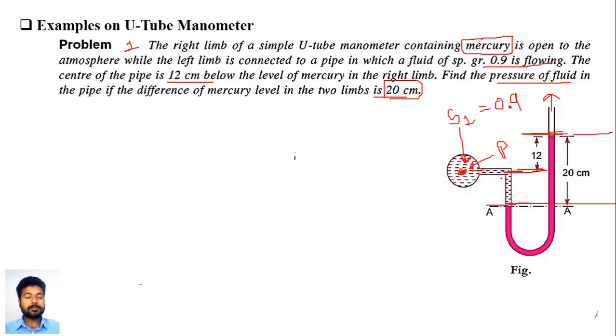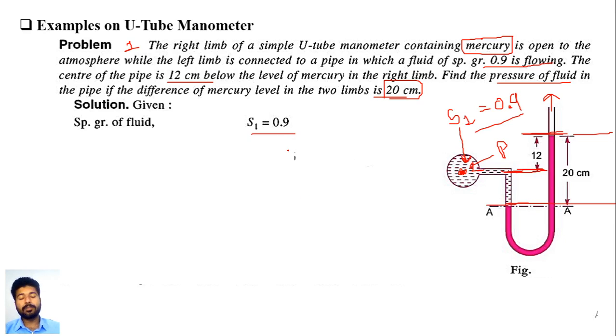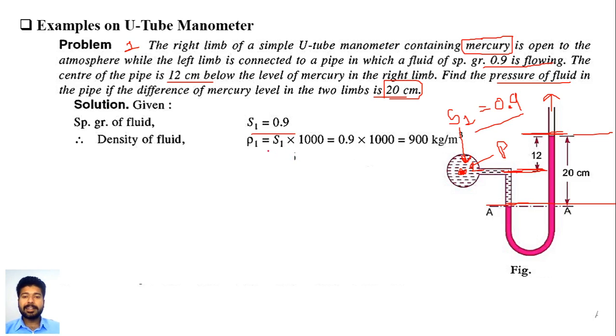Okay, so let's start from the given data. First, we have a specific gravity of liquid, S1, which equals 0.9. So the density equals S1 into 1000. We already discussed this formula: specific gravity equals density of liquid divided by density of water. So if you need to find the density of liquid, it equals S into density of water.